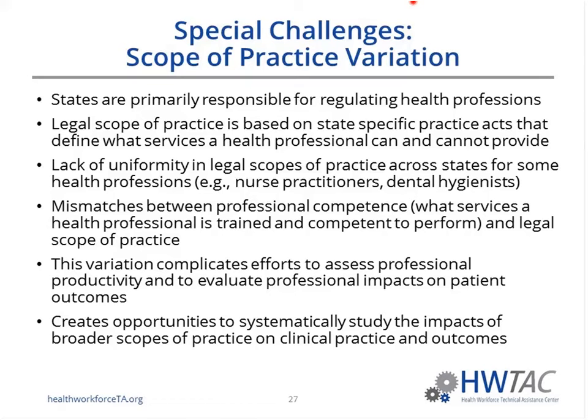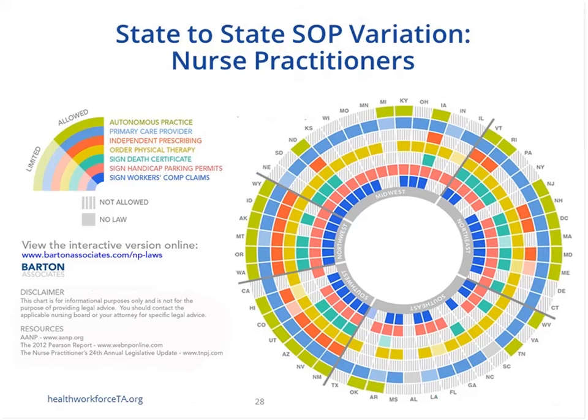Now, I threw this in at the last minute just as an illustration of scope of practice variation and kind of the drama associated with it. So this was put together by a group, Barton Associates, who hires locum tenens providers.